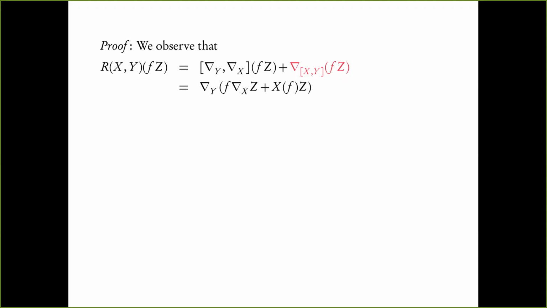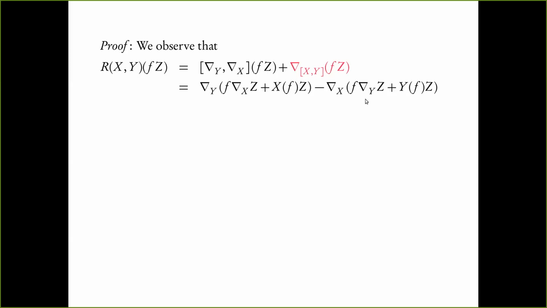But when nabla x acts on fz, it satisfies the Leibniz rule, which means either f comes out and you have nabla x of z, or x acts on f and z stays fixed. You will get a similar two-term thing coming from nabla x acting on nabla y of fz, which precisely has two terms of the same type.